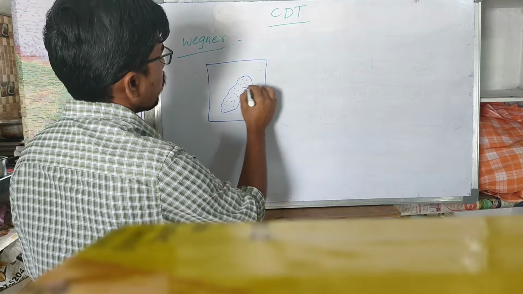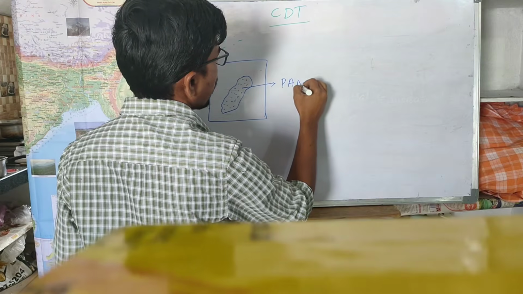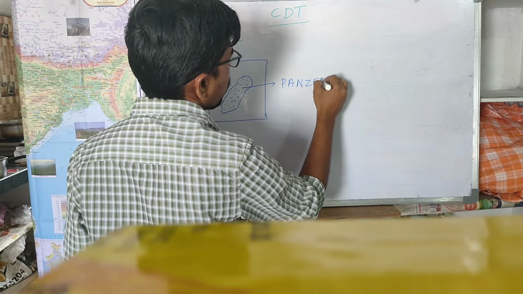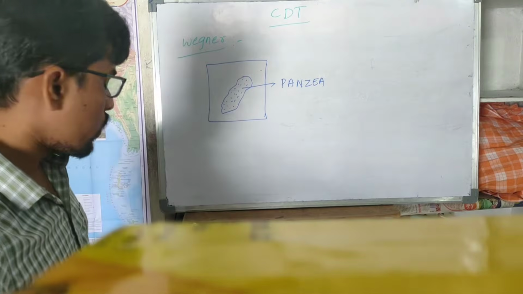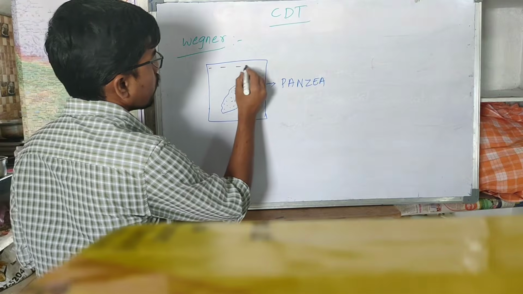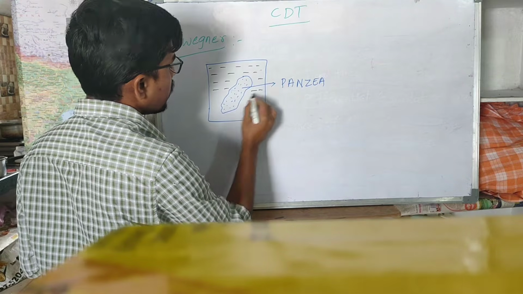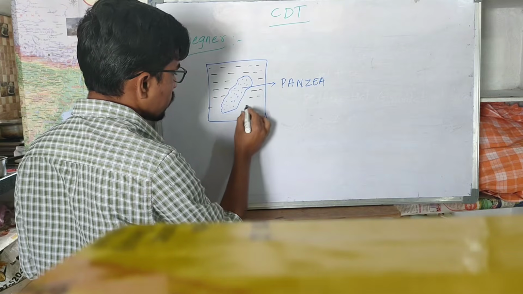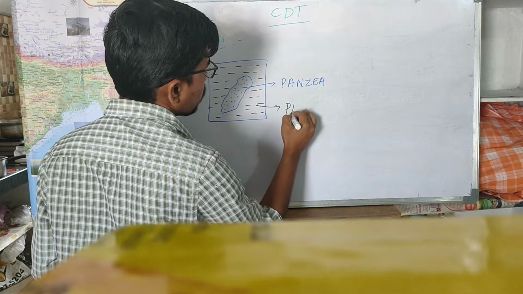This was named Pangea, and this supercontinent was surrounded by a water body. This water body is known as the Panthalassa.